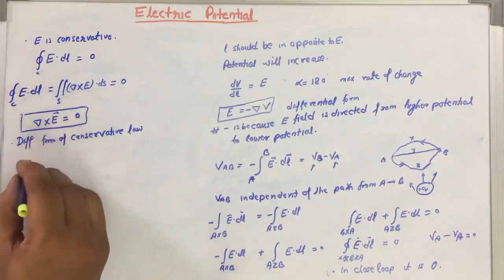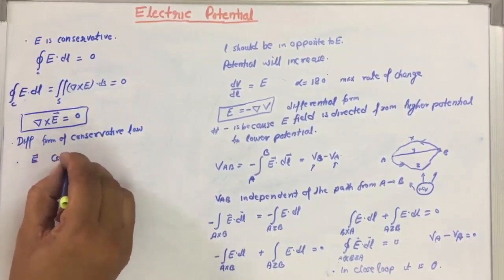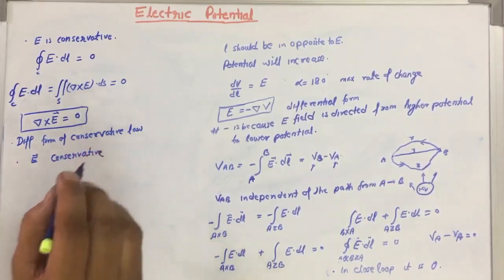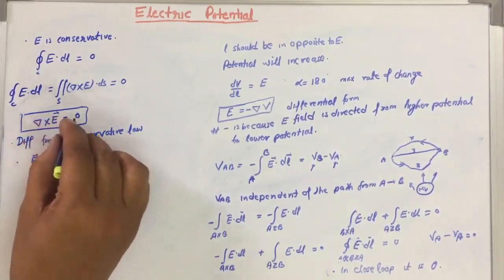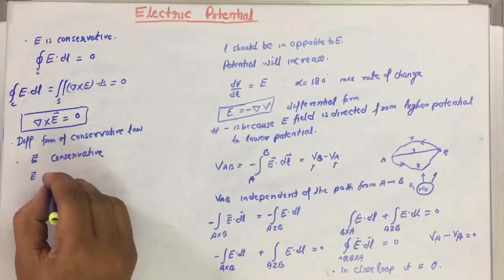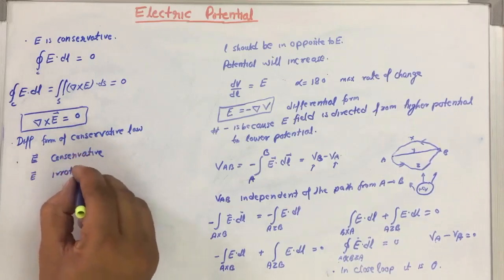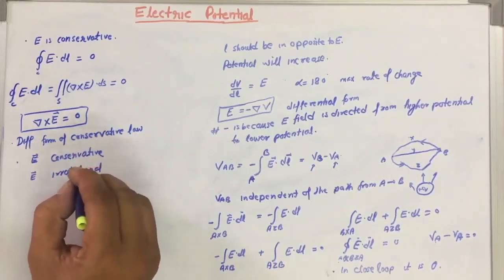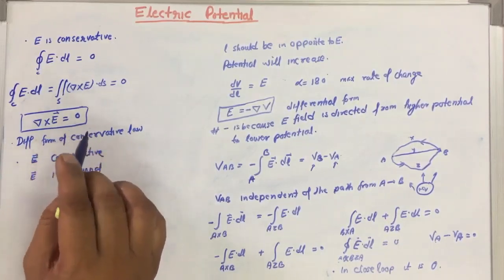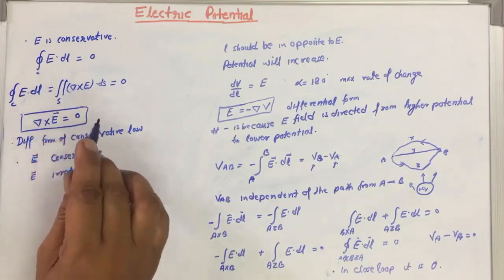So from here we can conclude E remains conserved, and second thing, as the curl is equal to 0, we can say the electric field is irrotational. In curl we have studied this. So from here two conclusions can be drawn. E is conservative and it is irrotational, and this is the differential form of the conservative law of electric field.